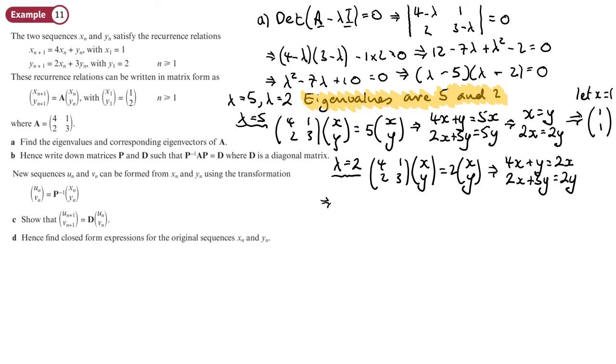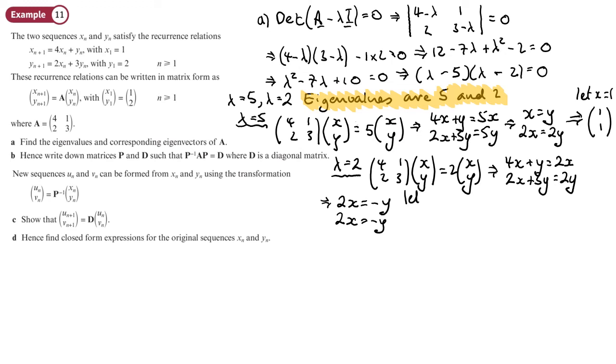Right, so what happens here? Well, the top equation here, if we take 2x away from both sides and move the y across, we'll get 2x equals negative y. Now let's have a look at the bottom. If we take 3y away from both sides, again we get the same relationship, 2x equals negative y.